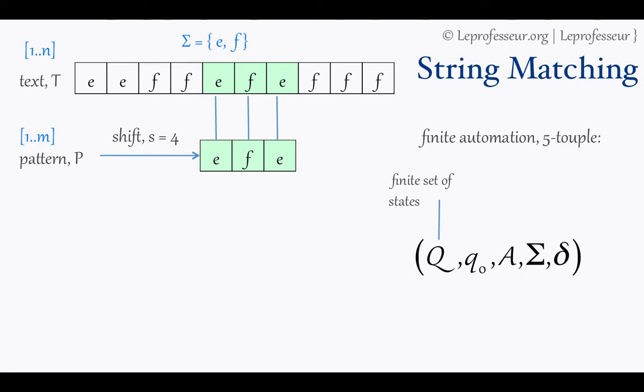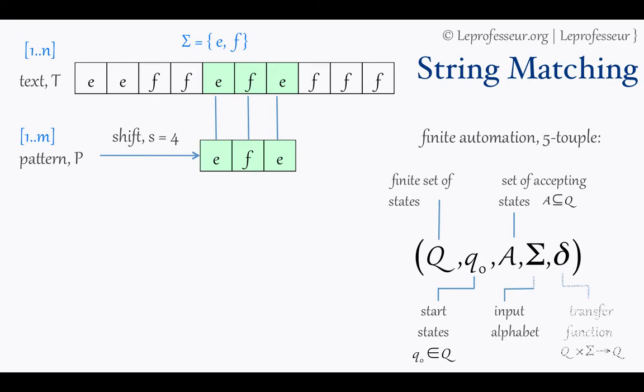In short, as you can see, we have here the five tuple representing a finite automata, where Q is a finite set of states, Q0 is the starting state which belongs to Q, A is the set of accepting states, sigma is the input alphabet, and delta is the transition function.